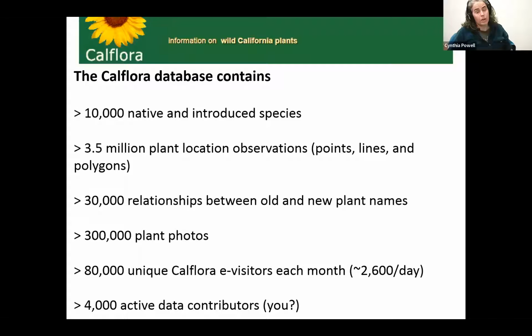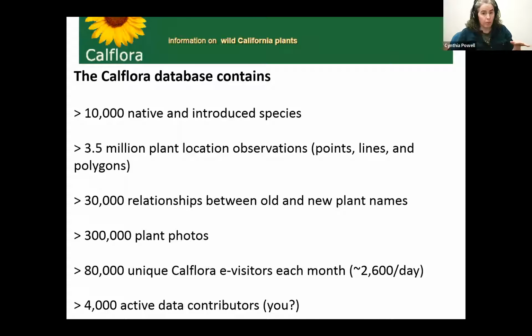As you know, plant names change for better or for worse. It's really hard to keep track of all those name changes. We crosswalk, which is the verb, old names to new names, so that whatever name you're using, whether it's the most current name according to the Jepson eFlora or an older name, you can find it.